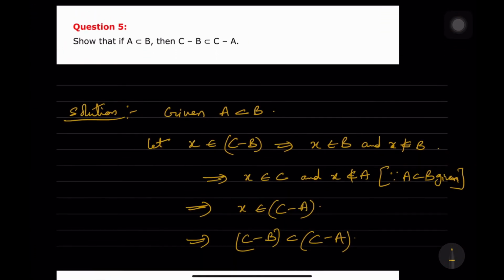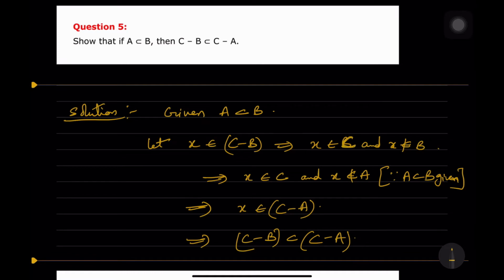Now next, question 5. Show that if A is a subset of B, then C minus B is the subset of C minus A. Now given A is a subset of B, let x belong to C minus B, which implies that x belongs to C and x does not belong to B. So which implies that x belongs to C and x does not belong to A, since A is the subset of B, which is given.